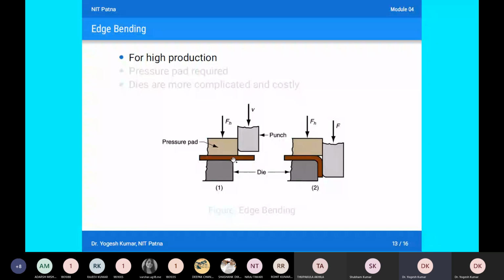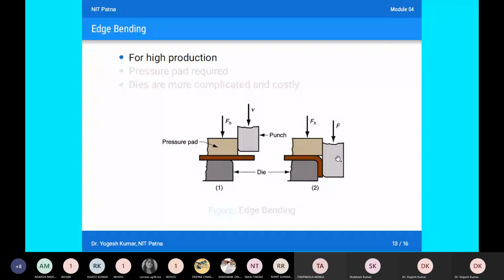Here you can see this is before starting the operation, and this is after the completion of the operation. The sheet strip has been wiped off using this punch, and as soon as the sheet is wiped off, it is bent at the required angle.